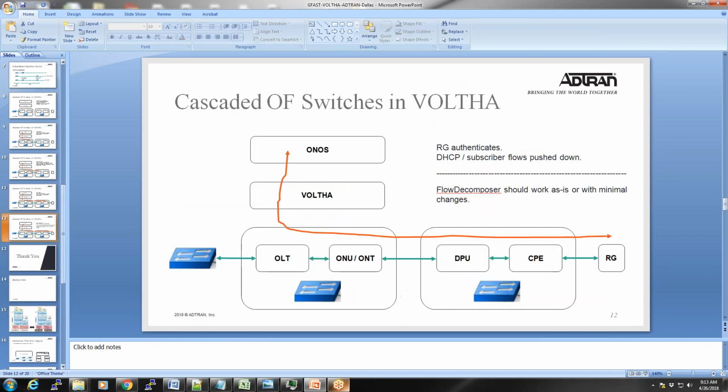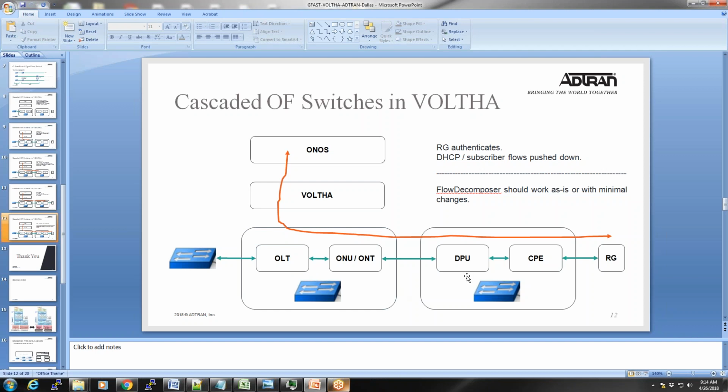Here in our proposal, how this works, the subscriber flows that are pushed down to the OLT ONU construct are handled via the exact same CORD applications that you're aware of today, with the exception of when the subscriber authenticates, the tag and the membership of what it joins.